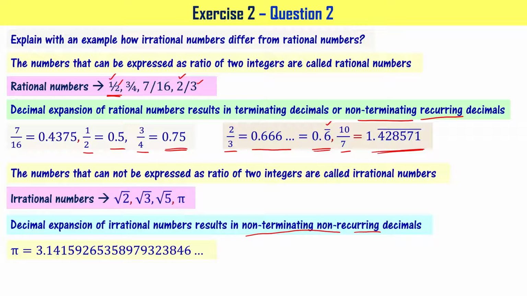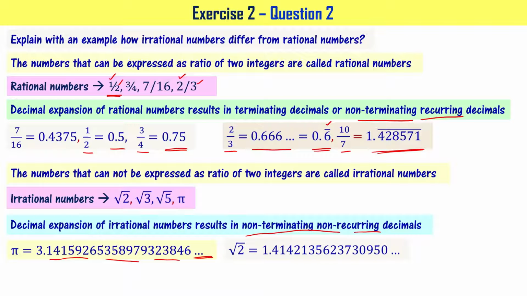Pi can be written as 3.141592 and so on. If you look at the decimals, they are not repeating. They are non-recurring. But at the same time, it is not going to terminate because you have many more digits to come, right? Similarly, look at this.